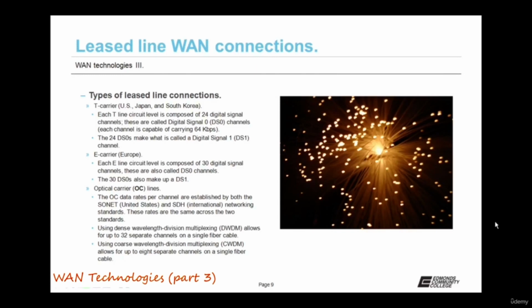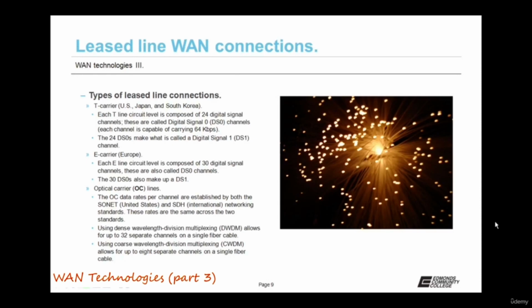The 24 DS0s make up what is called a DS1 channel. In Europe, we have E carrier lines. Each E line is composed of 30 digital signal channels. These are also called DS0 channels. The 30 DS0 channels also make up what is called a DS1 channel.